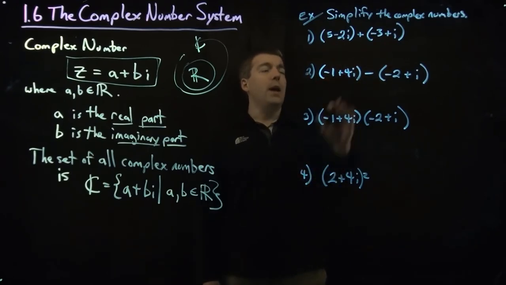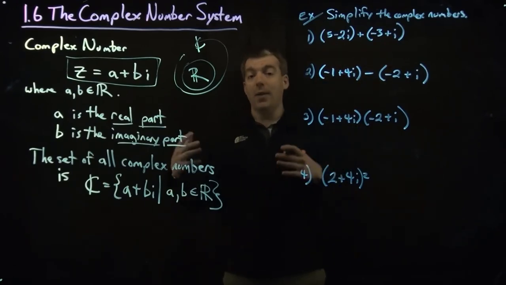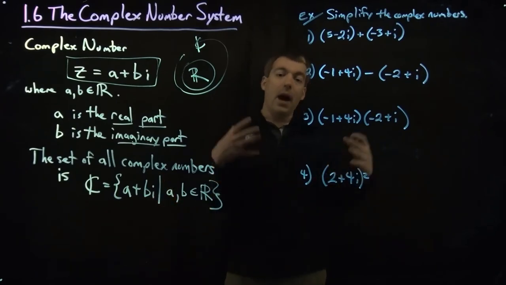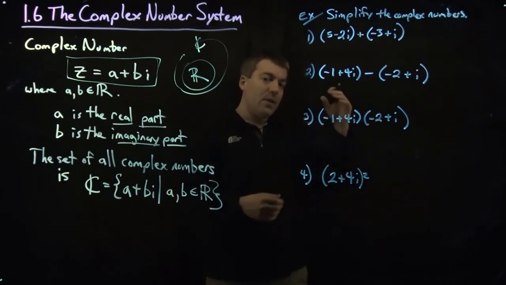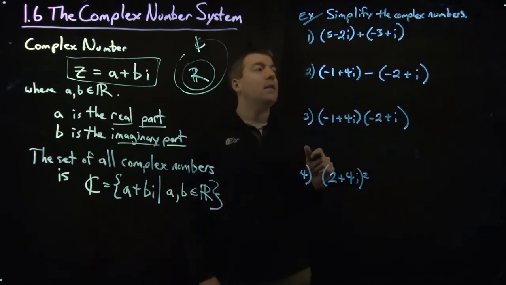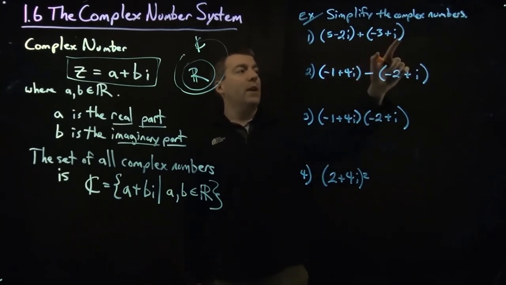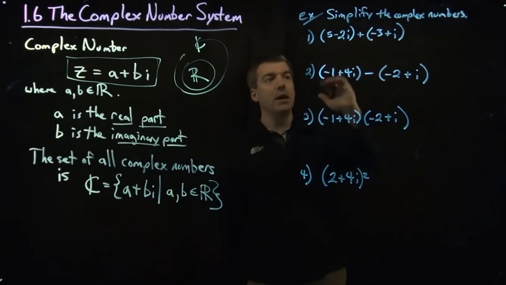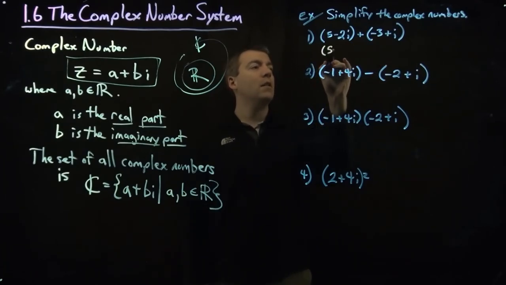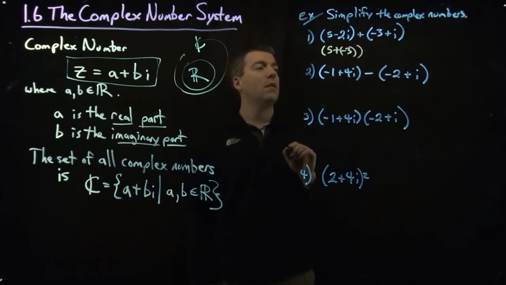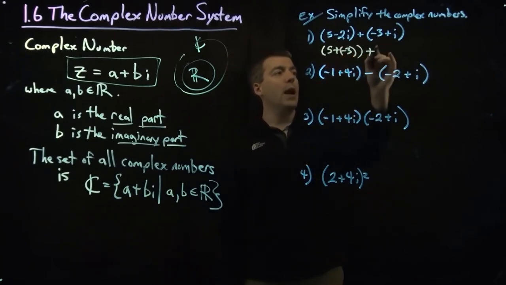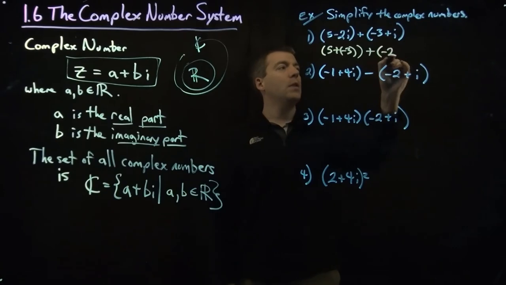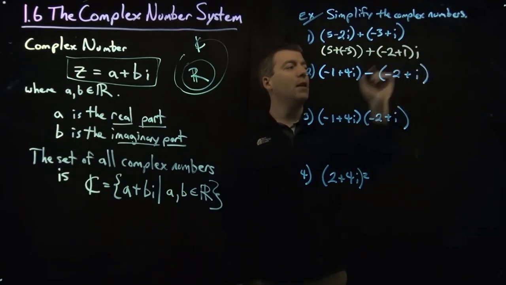Okay, now the way we add complex numbers is to add the real parts together, and then add the imaginary parts together and multiply by i. So for this addition, we'll take 5 plus -3, and to that we will add -2 plus 1 times i.